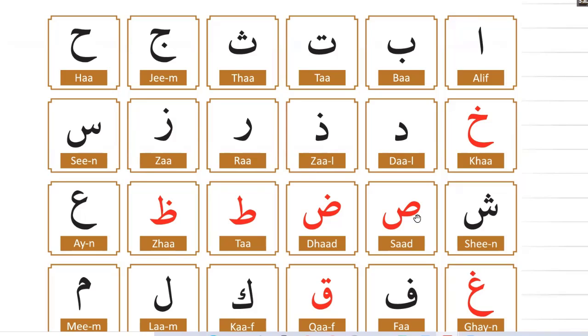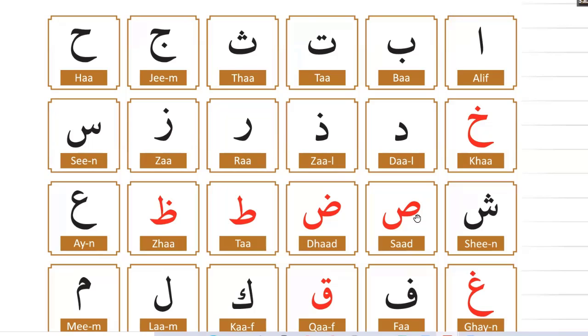The next letter is dad. Dad is a kind of difficult letter to pronounce because there is no sound in English similar to dad. It's not the dal, and it's not zaw, right? How will you pronounce it? You can say that it is just like sad, and it has a dot on it. How will you pronounce this letter?